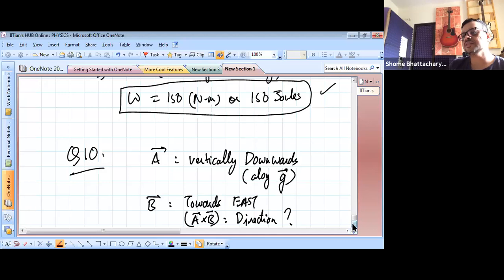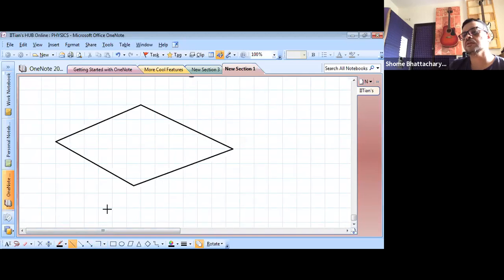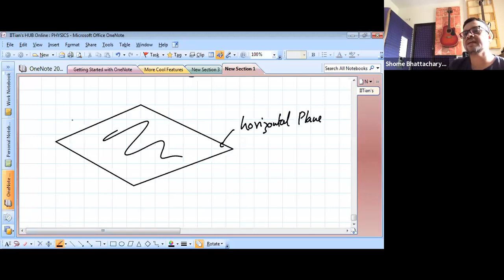So let's understand it this way, that suppose we think of a horizontal plane like this. So this is a horizontal plane. So gravity is pointing like this into the plane.